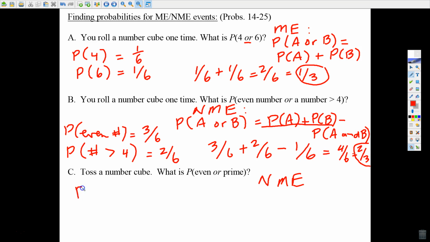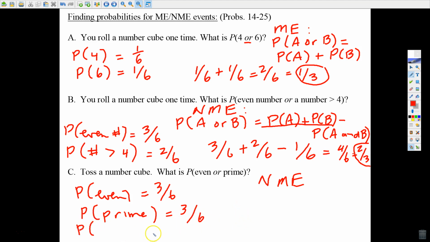Okay, so let's do the probability of even. And we did that earlier. That's 3 out of 6. The probability of prime. So what are the prime numbers on the cube? 2, 3, and 5. 3 numbers out of 6. And Landon said that there's actually one number that can be described in both of these ways, and that's the number 2.